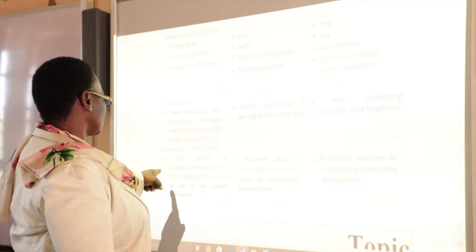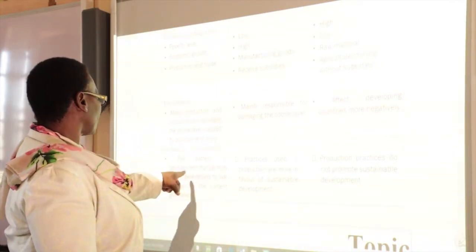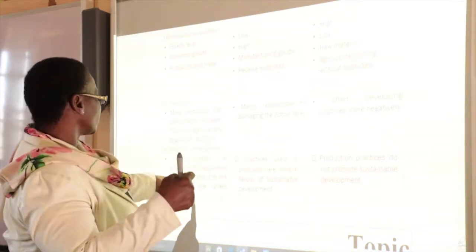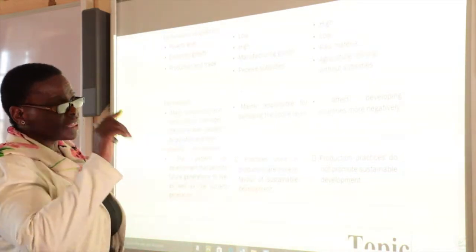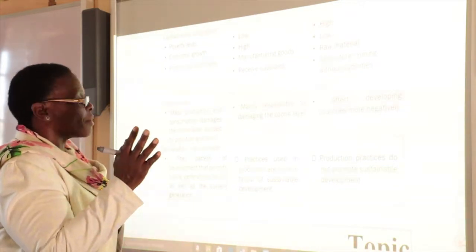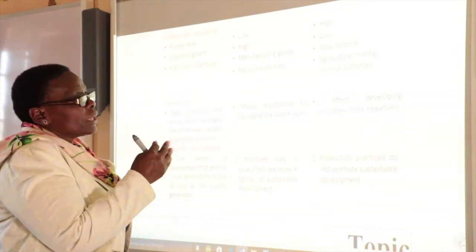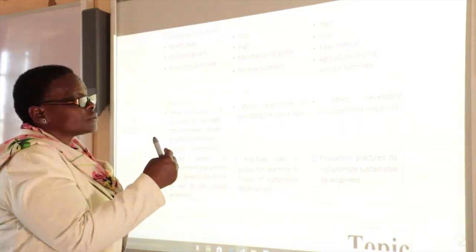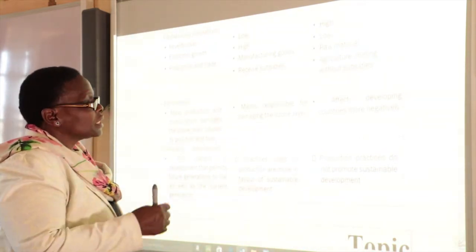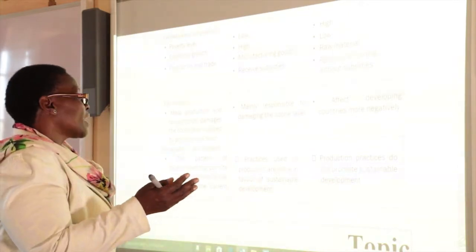Sustainable development, which is the pattern of development that permits future generations to live as well as the current generation. You remember the last chapter is on environment sustainability. Are we able to sustain the environment such that the future generations should find the environment still suitable for survival?